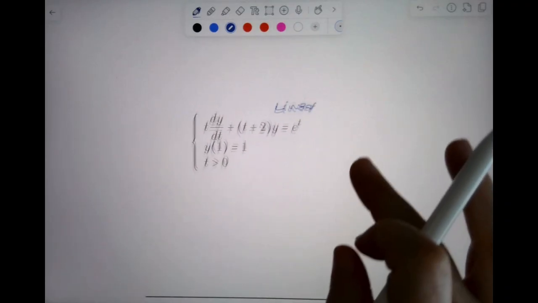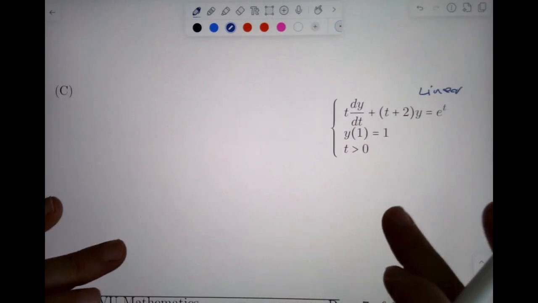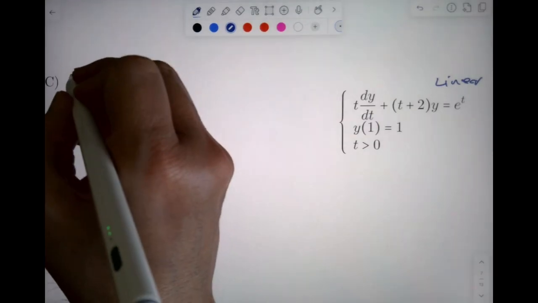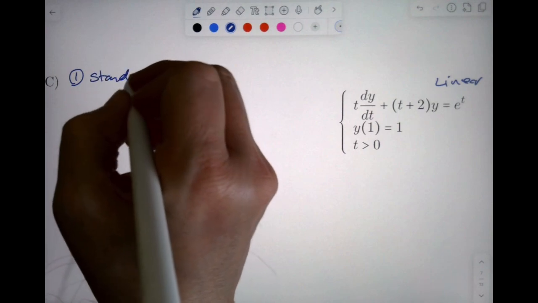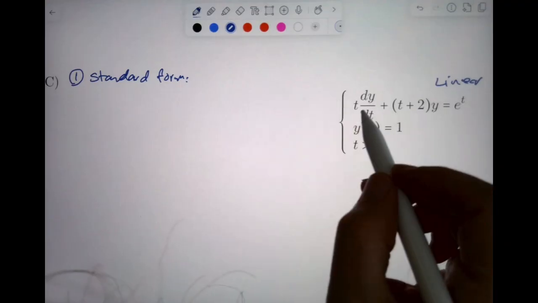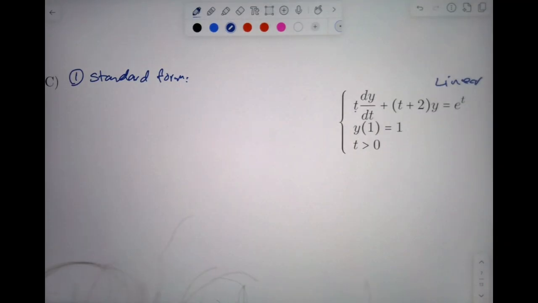So let's start with this one. What are the steps that I want to take? The first step always is to put it in standard format after recognition. In standard format, there is a t coefficient of y prime. You want it to disappear and become 1, so you divide.